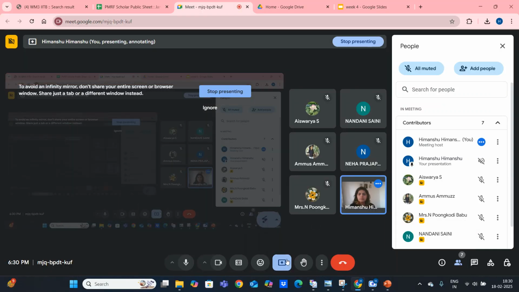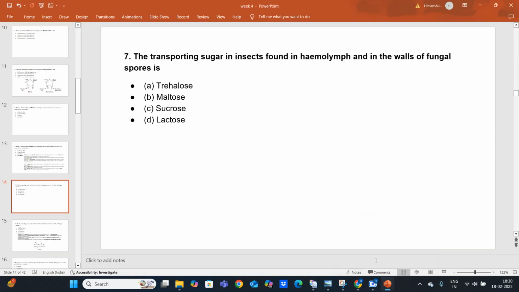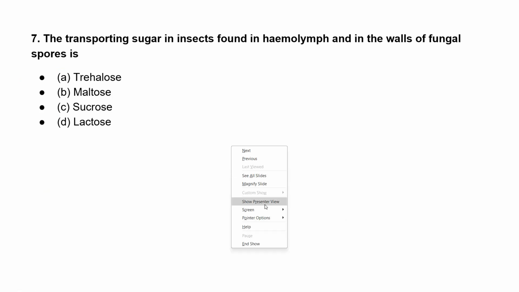Okay. Anyone? The transporting sugar in the insects.